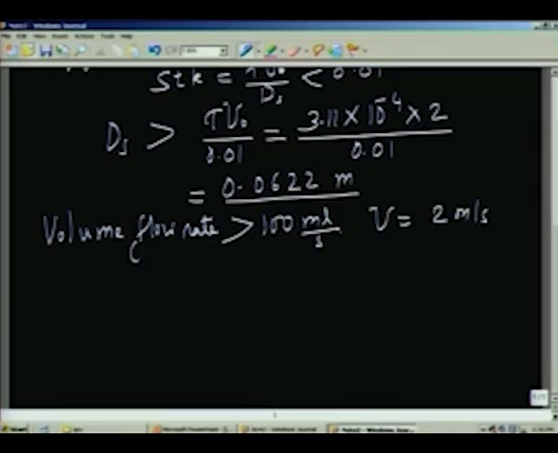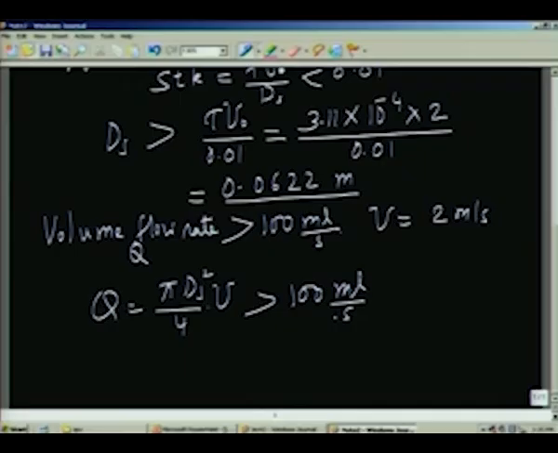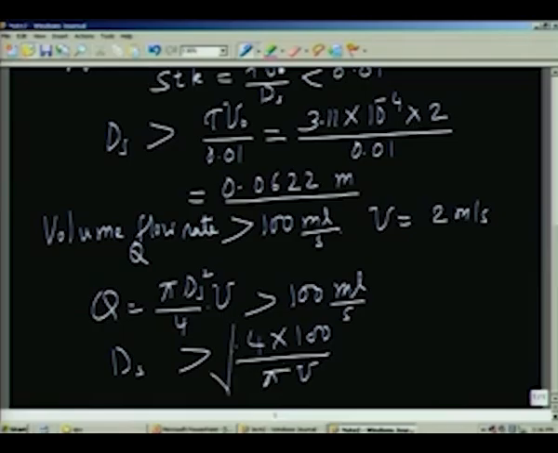Therefore, this volume flow rate, if I call it q, q is nothing but pi ds squared by 4, area times the velocity u, this should be greater than 100 milliliter per second. So, I can find out ds, therefore, should be greater than square root of 4 into 100 divided by pi times u.